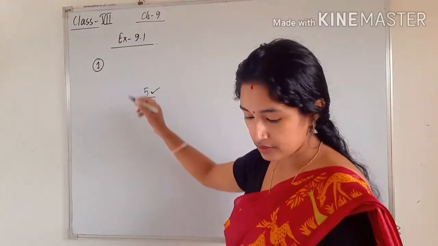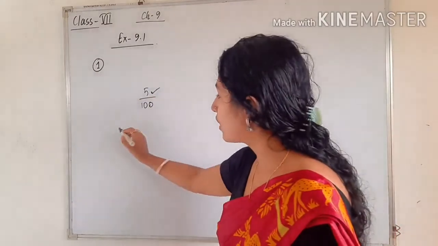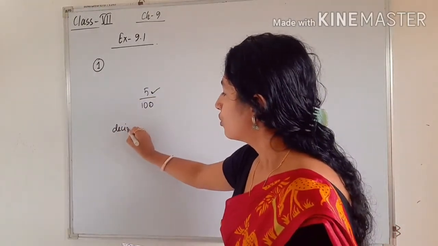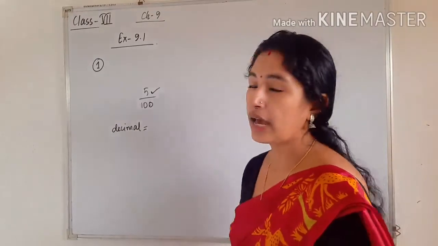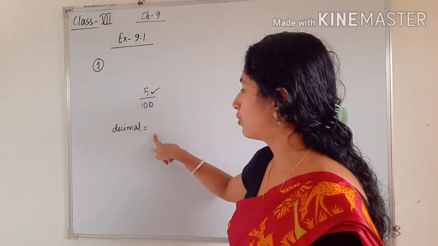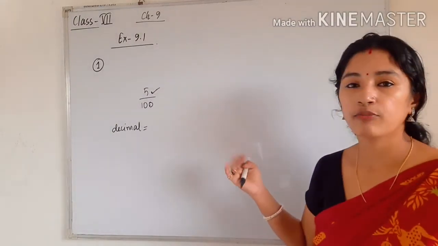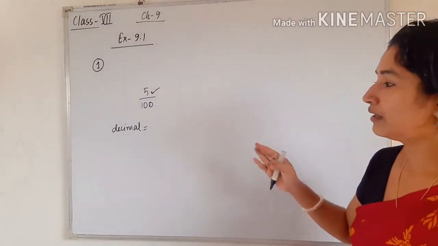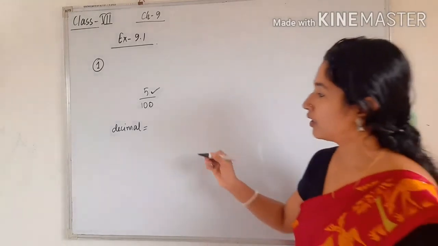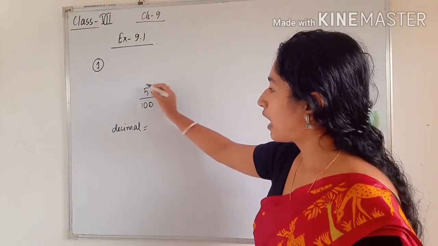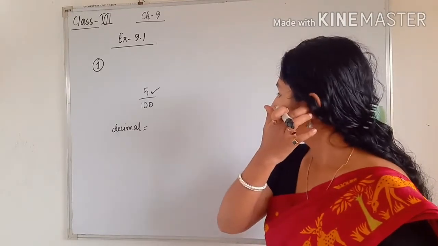So this is written as a fraction. Now we have to convert it into decimal. You can directly write this fraction as a decimal, or you can divide 5 by 100.